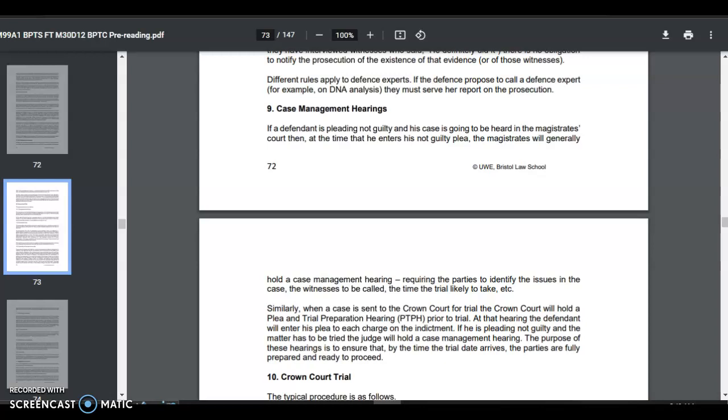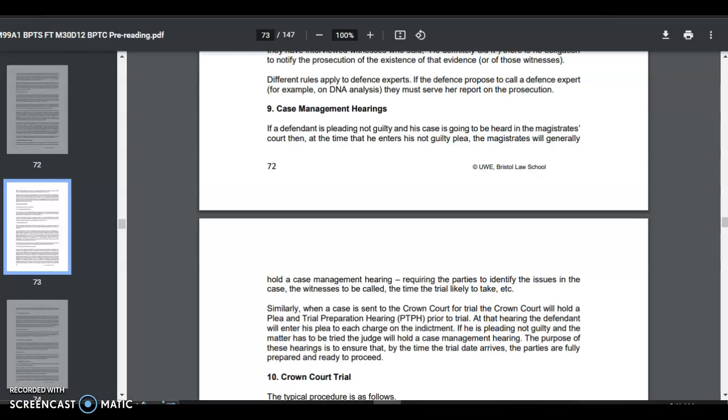Similarly, when a case is sent to the Crown Court for the trial, the Crown Court will hold a plea and trial preparation hearing prior to the trial so that everything gets aligned with the trial. At that hearing, the defendant will enter his plea to each charge on the indictment, whether he pleads guilty or not guilty. If he pleads not guilty, the matter has to be tried and the judge will hold a case management hearing.